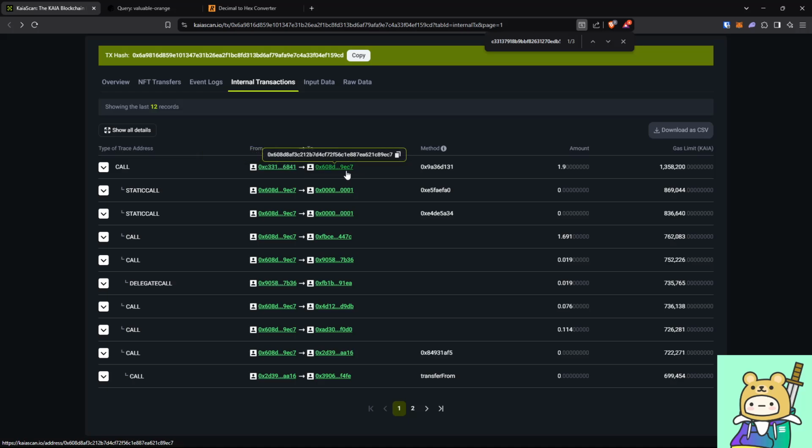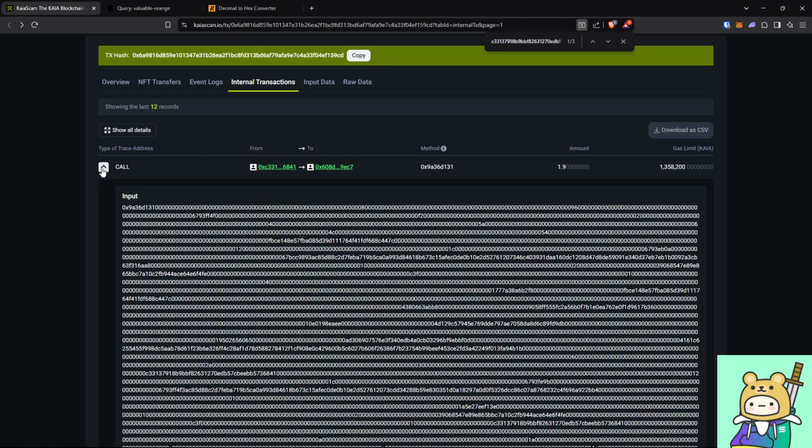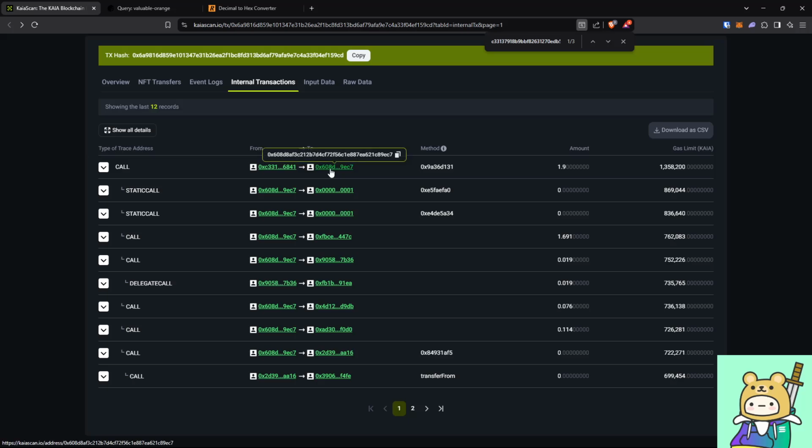They interact with the contract, and it's just a call, which means this contract itself has all the logic, right? It doesn't rely on an implementation contract, and the function signature is this. So I might just search this in Ethereum and see if I get any hits.